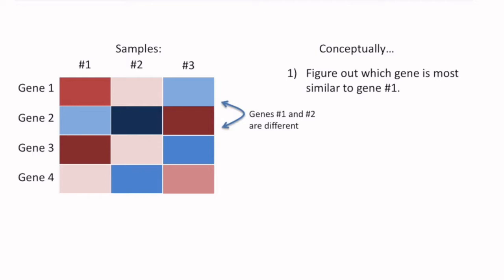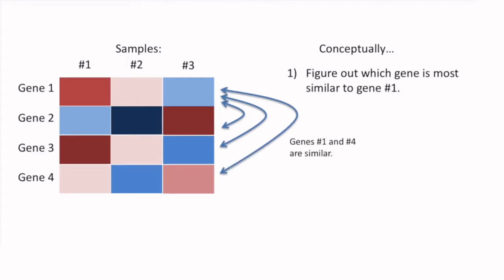Gene 2, however, is lowly expressed in sample number 1, so it is blue. In sample number 3, gene 1 is lowly expressed, so it's blue, and gene 2 is highly expressed, so it's red. Genes 1 and 3 are similar, so that means in sample 1 both gene 1 and 3 are red, highly expressed. In sample 3 they are both blue, meaning they are lowly expressed.